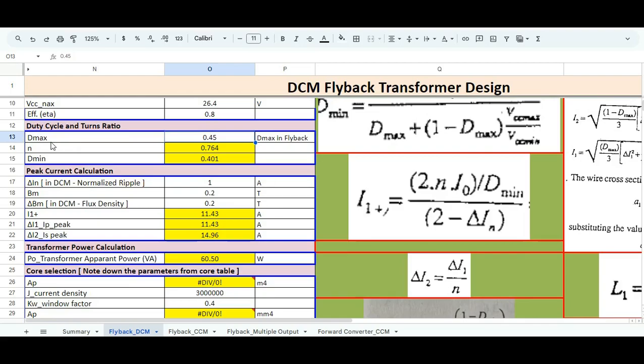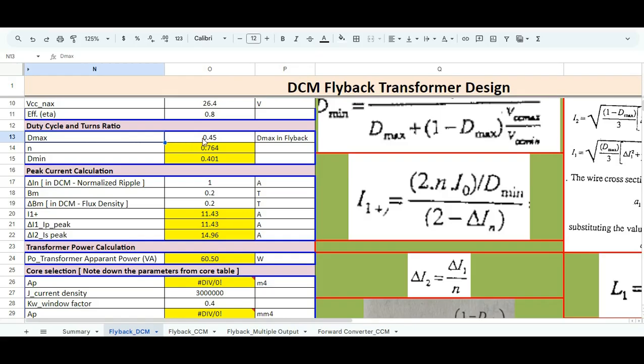Here you see the maximum duty cycle, D max. For a flyback converter, the maximum duty cycle could be 50%. It should not be more than 50%. Otherwise, your core is not going to reset, and there will be a residual flux in your core, and then your core will saturate soon. So that's why I'm considering a maximum of 50%.